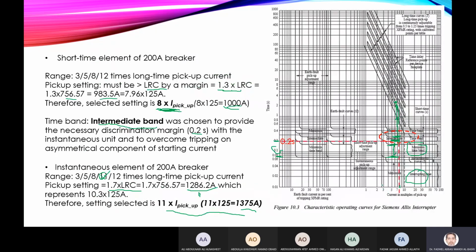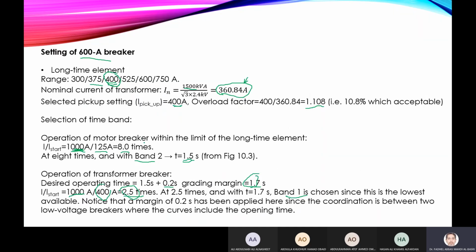At 2.5 times, band 1 already gives me roughly 6 seconds, more than the 1.7 I wanted. So I'll go to band 1.